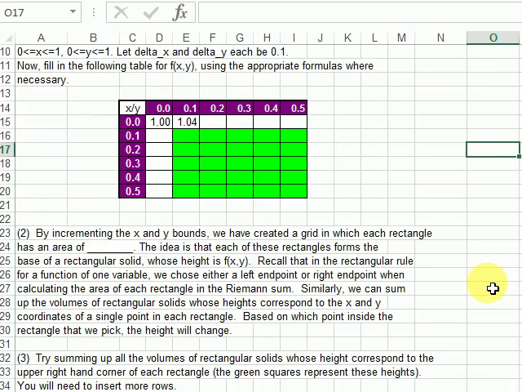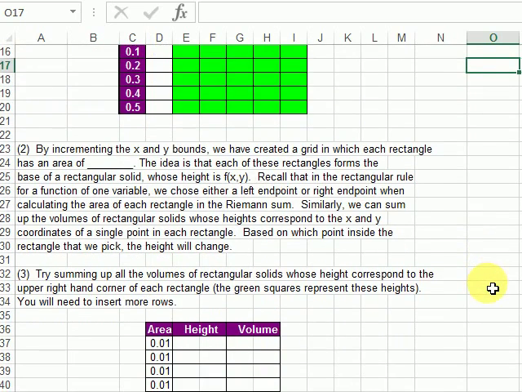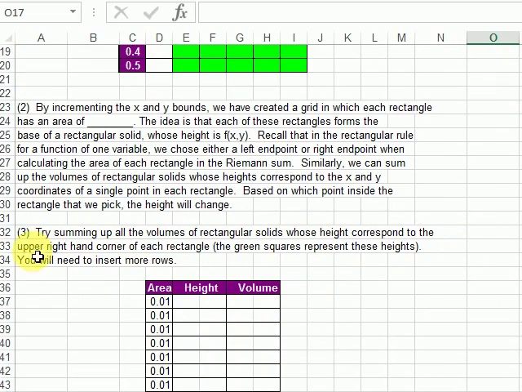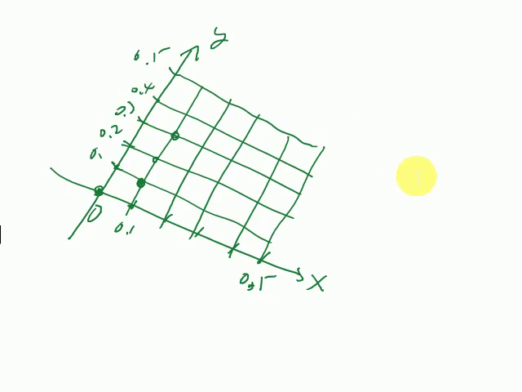Later, it's asking to calculate using the upper right hand corner of each rectangle to calculate the volume. So in this figure, the function value at point 0, 0 has height 1, and at 0, 0.1 it is 1.04, and so on.